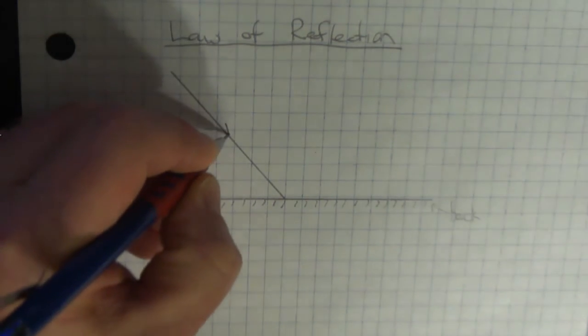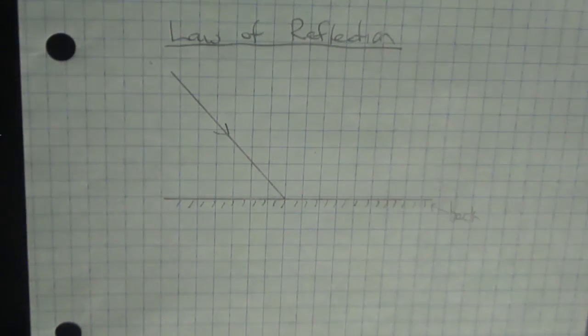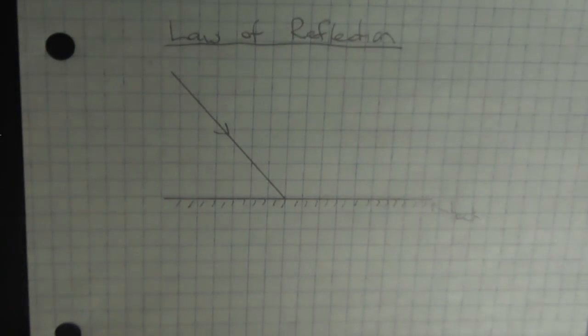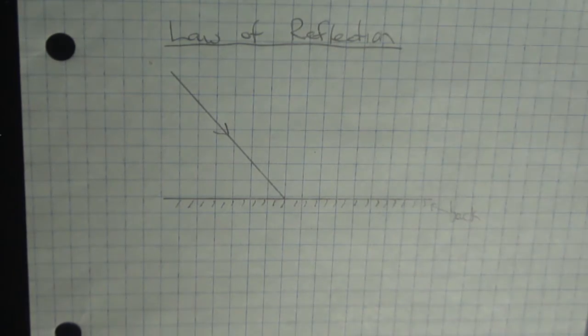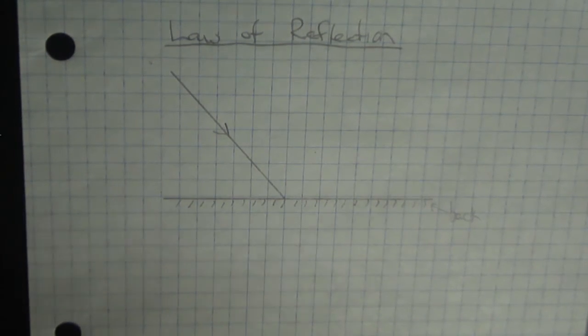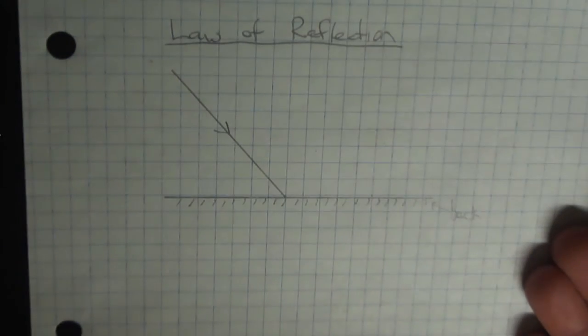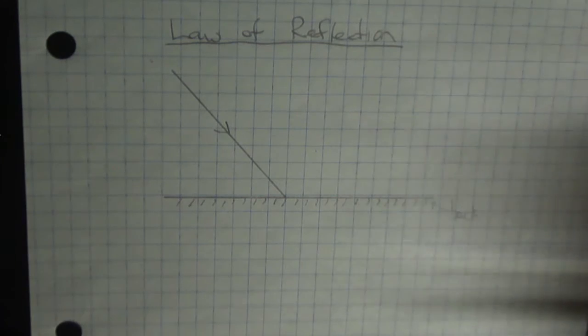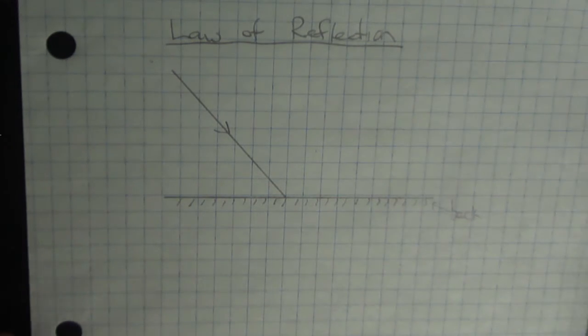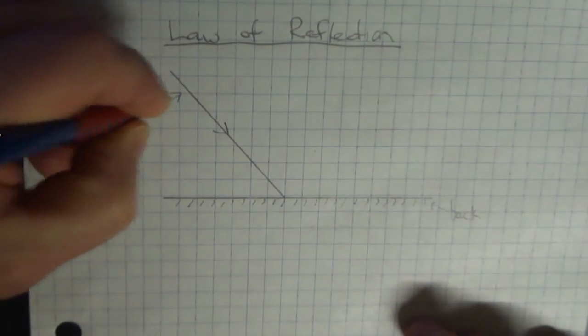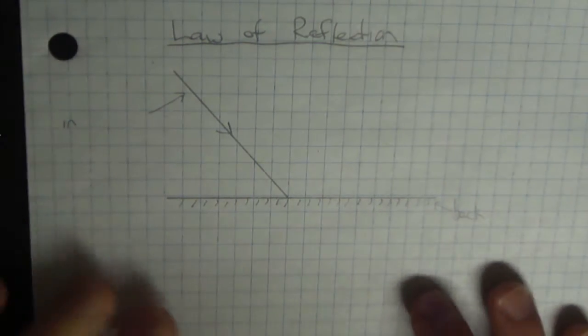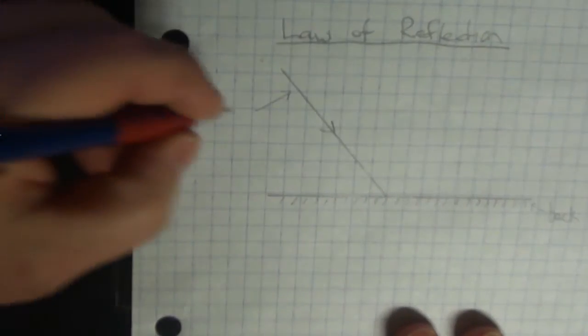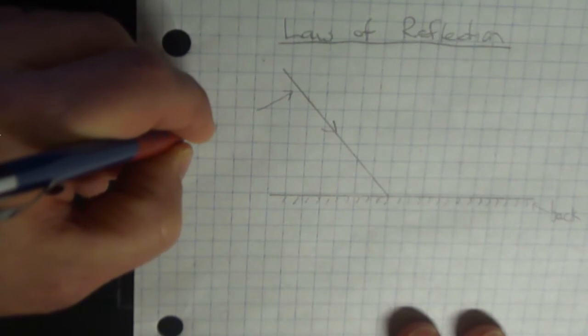And we're going to put an arrow on it. Always put arrows on your rays because it tells us where the light is going. Now, we're going to have to figure out where to put this particular thing. So what we have to do is draw a special line. Actually, let's label a few things first. This is called the incident ray.